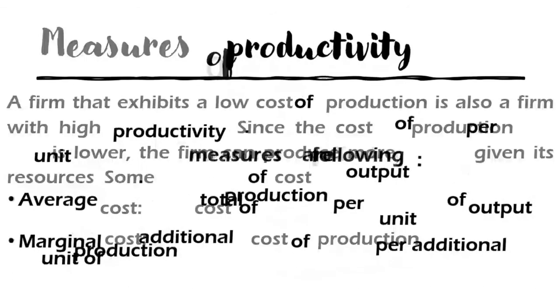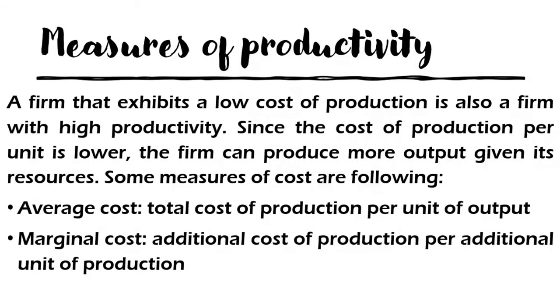So, a firm that exhibits a low cost of production is also a firm with high productivity. Since the cost of production per unit is lower, the firm can produce more output given its resources. Some measures of cost are the following.